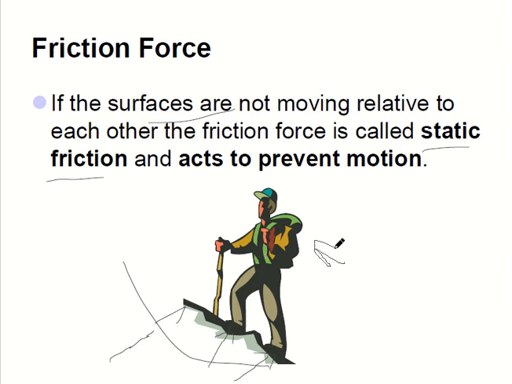So you are climbing up the mountain, and here it is going to create a static friction, because it's acting to prevent the motion that this guy is exerting. So the guy has to put in more energy to go against that static friction to go up. You have to use energy that is greater than the frictional force to make a motion upwards.